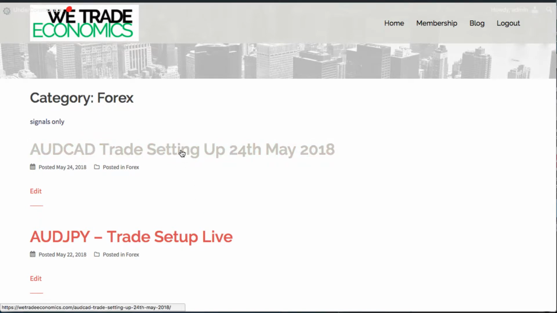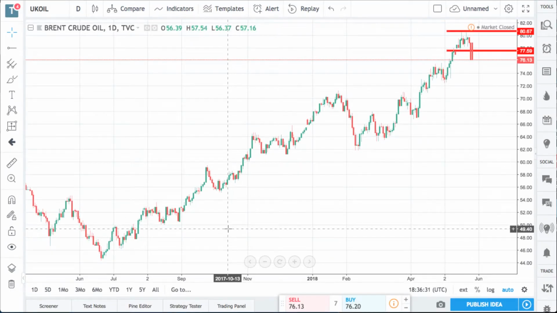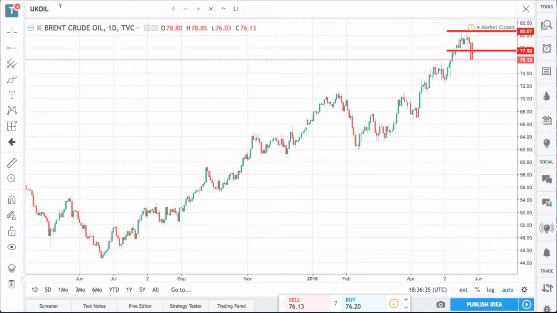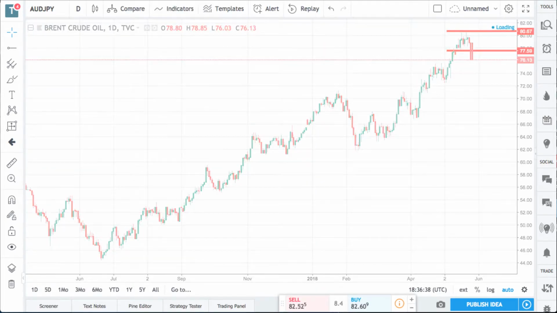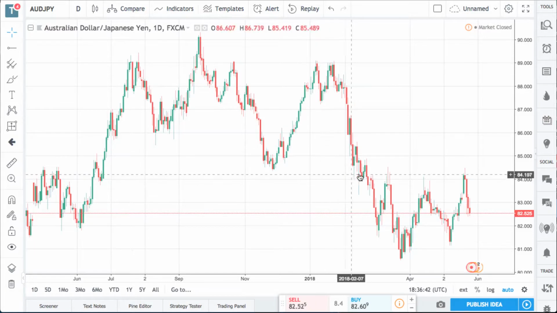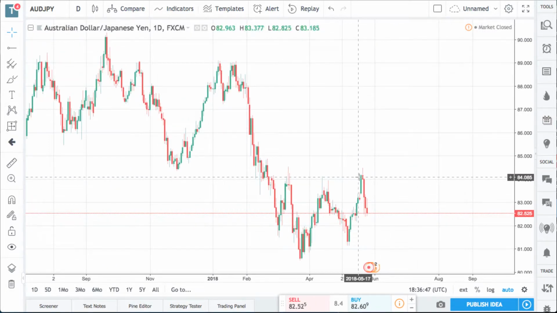Aussie yen. That was a day trade that was posted on a 30-minute time frame on the 22nd of May. May 22nd, right here.